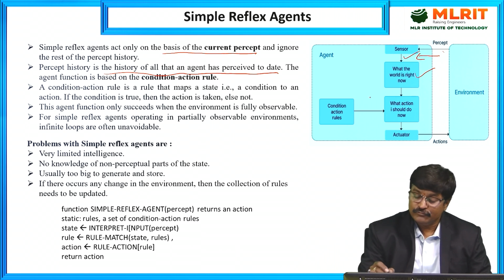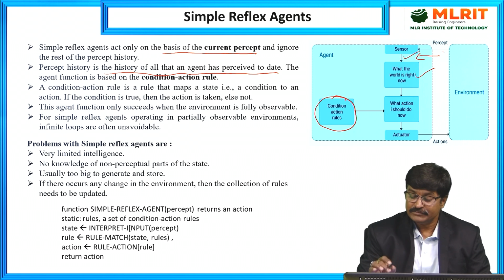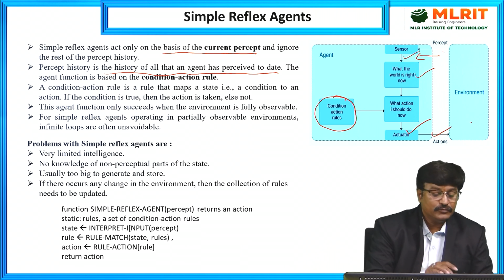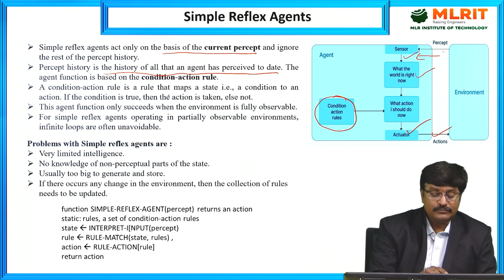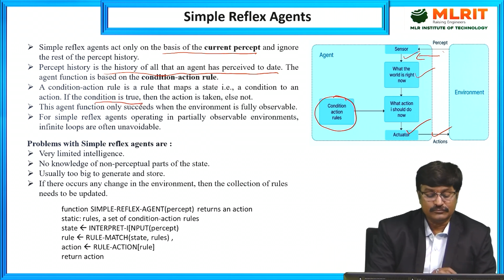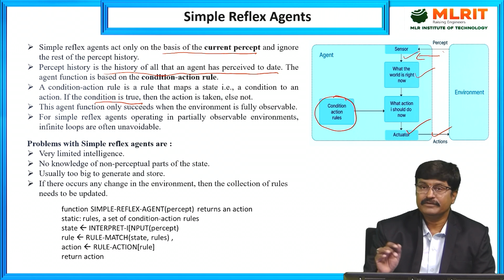The action is also based on conditions only. If the condition is matching, the instructions go to the actuator, and the action is performed on the environment. A condition-action rule maps the state: if the condition is true, then the action is taken; otherwise, there is no action.